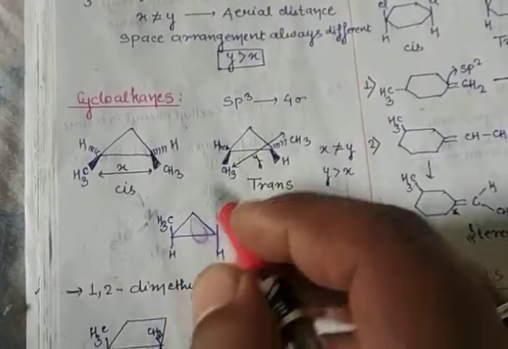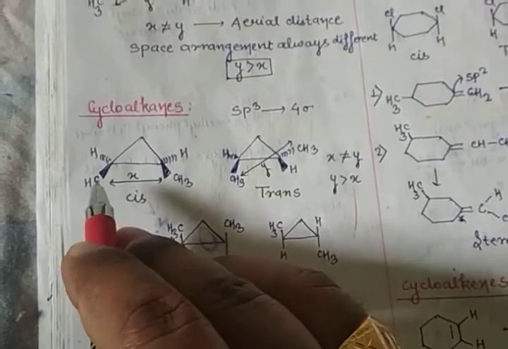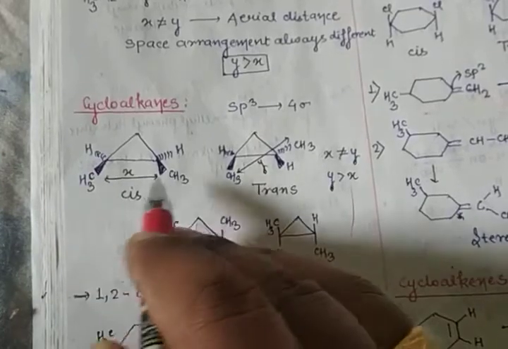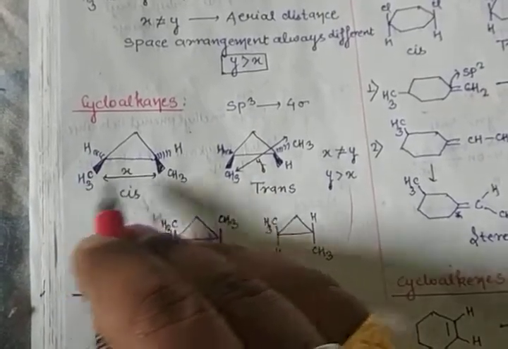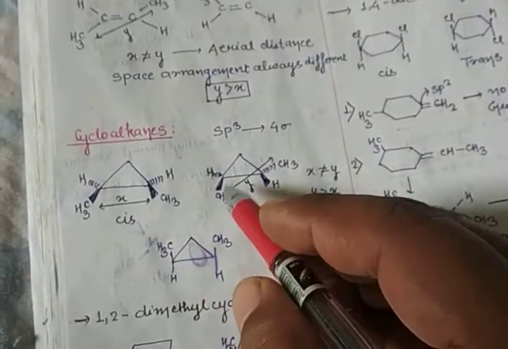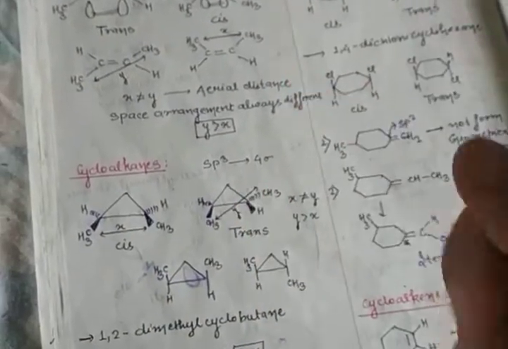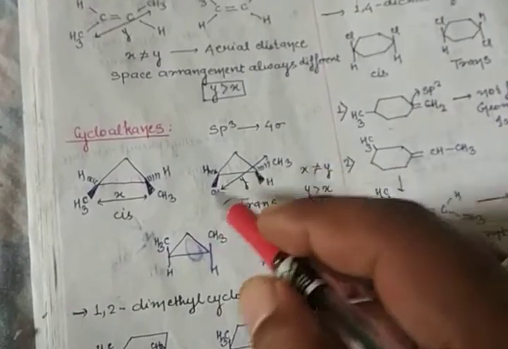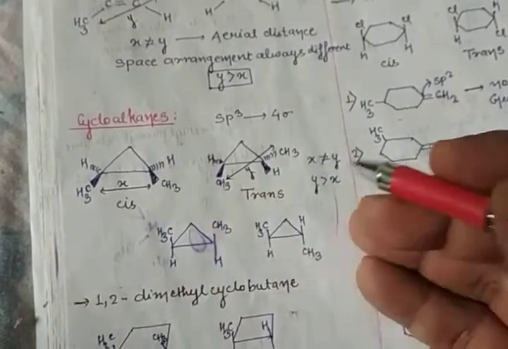Suppose both CH3 are on the wedge line, on your side, and both hydrogens on the back side. In this case, one CH3 is on the front side and one CH3 on the back side, so definitely the distance of x and y is different.